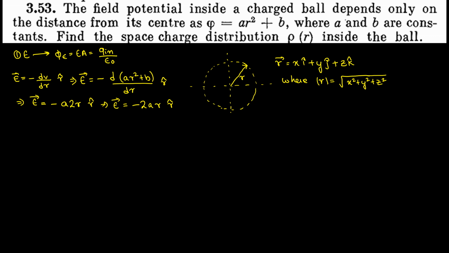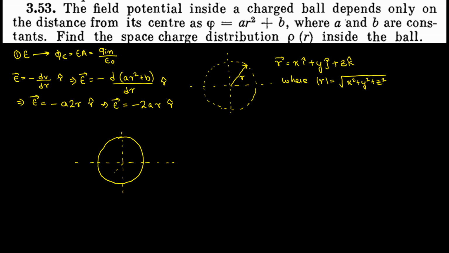Now to apply Gauss law, we first have to take an elemental charge. And how does an elemental charge look for a spherical charge distribution? Obviously a shell. If we integrate a shell from 0 to r, it will become a sphere.